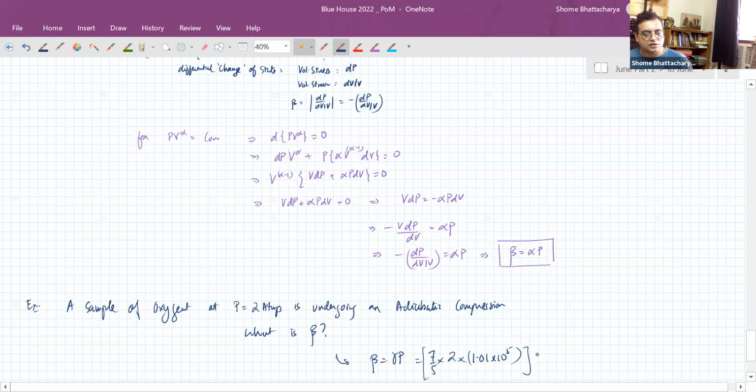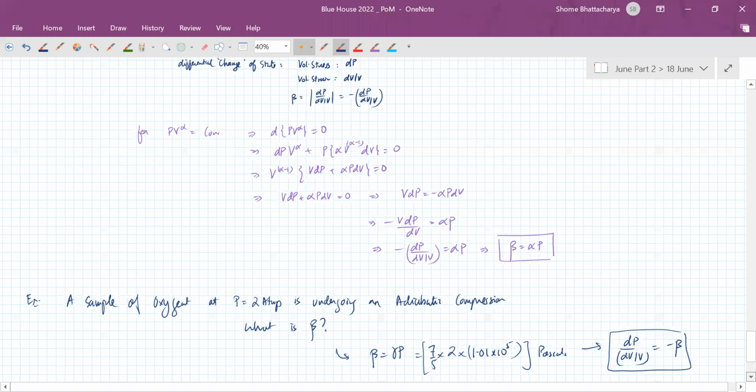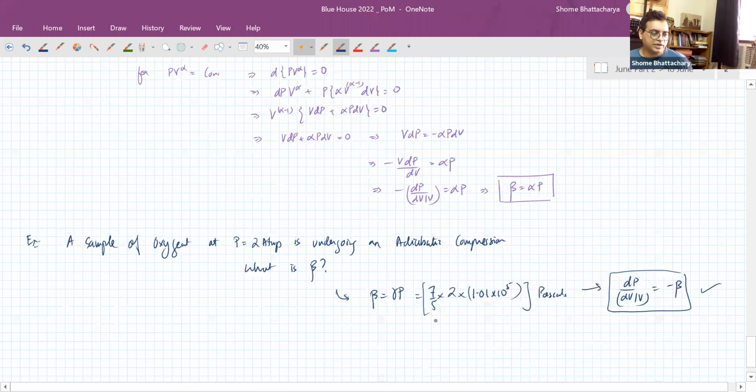So this is the value of the bulk's modulus. At that particular moment, dP upon dV by V will be equal to this. The ratio of change in pressure to fractional change in volume will be equal to the negative of this one.